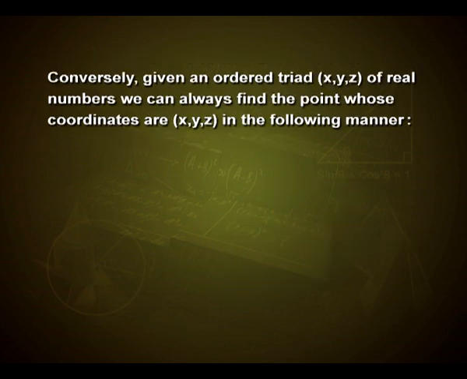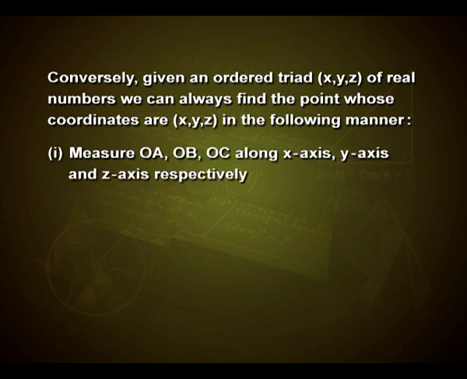Conversely, given an ordered triad x, y, z of real numbers, we can always find the point whose coordinates are x, y, z in the following manner. First, measure OA, OB and OC along the x axis, y axis and z axis respectively.